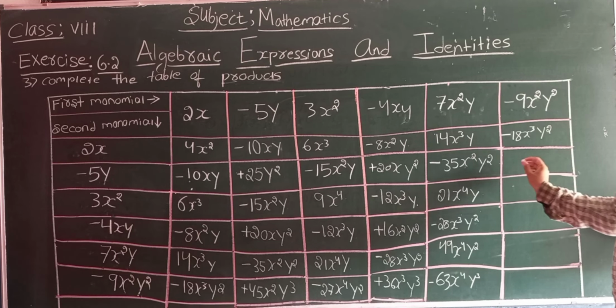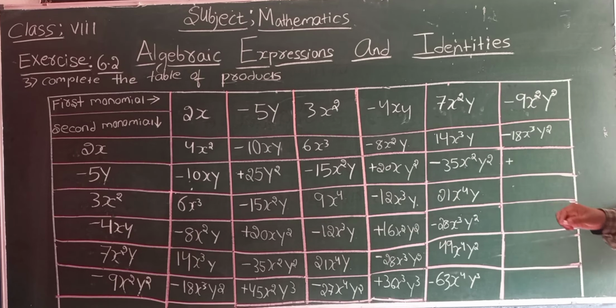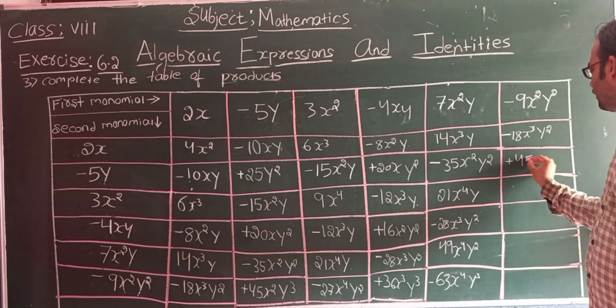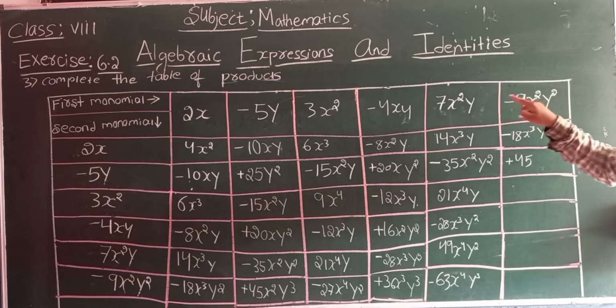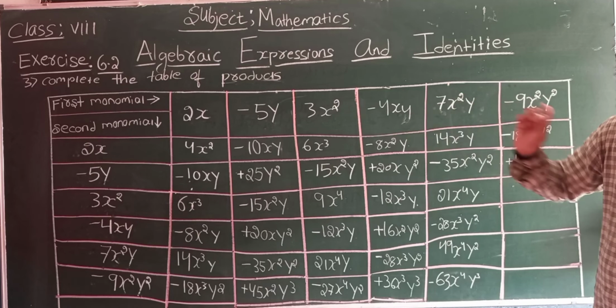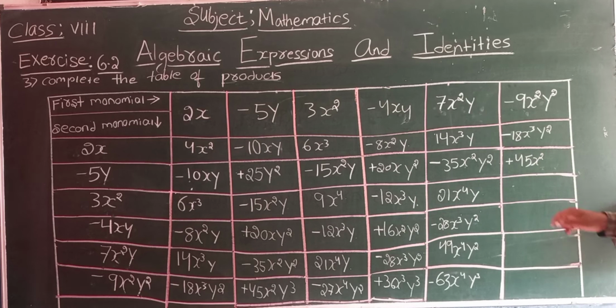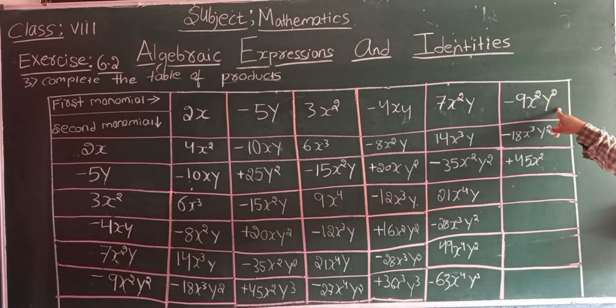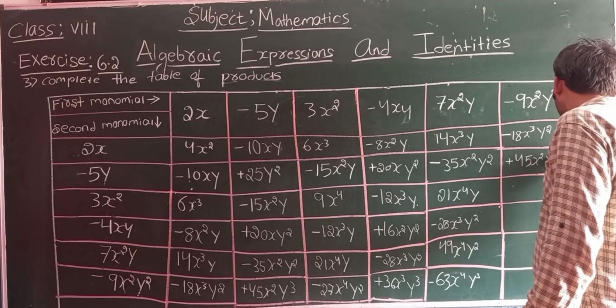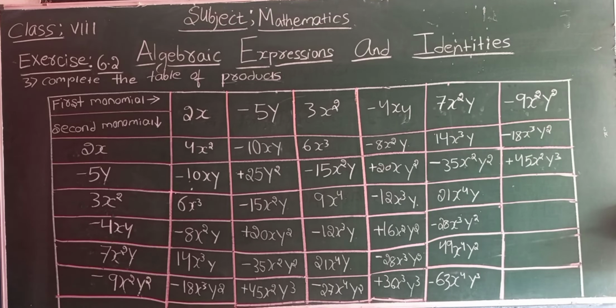Now we need to multiply minus 9x square y square with minus 5y. So minus into minus will be plus, 9 5s are 45. Here there is no x square, so only write x square y. Now y square is there, there is y. Y square into y will be y cube.